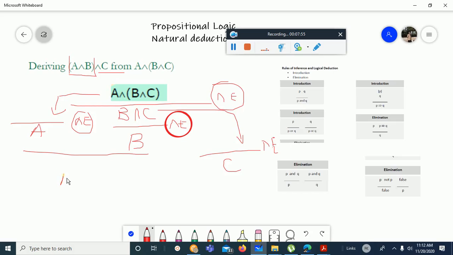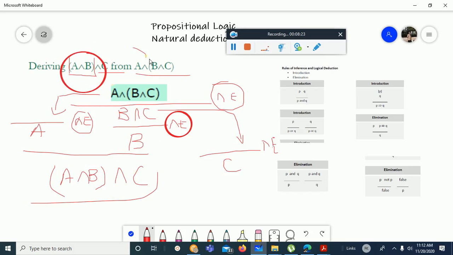So it can be written as A and B, and from here we have also got C. So we will include this in brackets and C. So we have derived this portion from the given statement using natural deduction rules. So it is very simple.